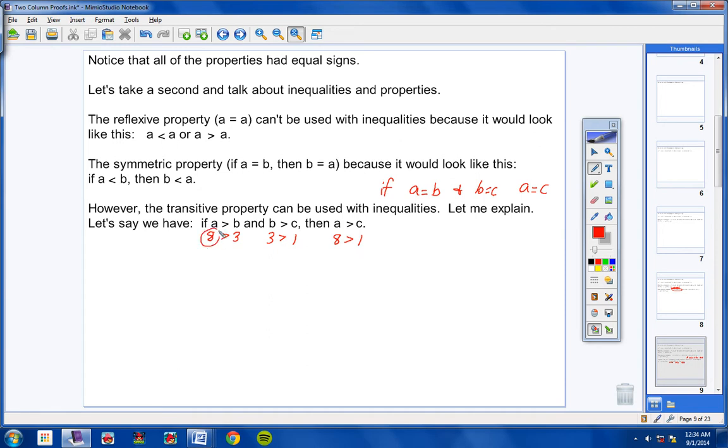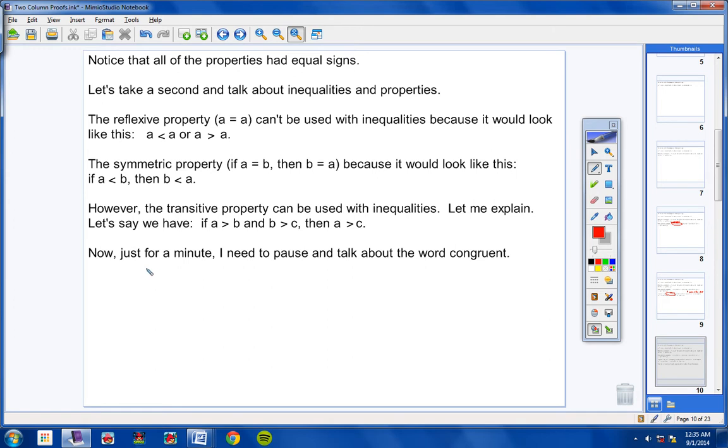So if A is greater than B and B is greater than C, then A is greater than C. So we cannot use the reflexive property with inequalities. We cannot use the symmetric property with inequalities. However, we can use the transitive property with inequalities. Okay? All right, let's continue on.